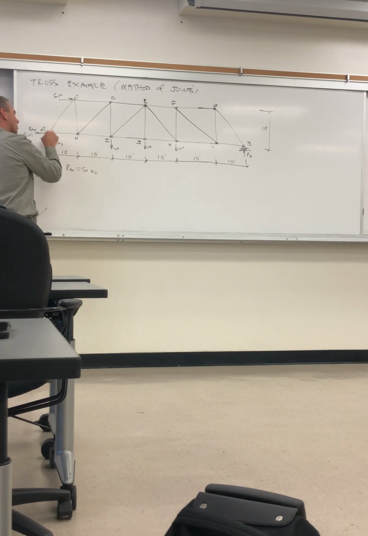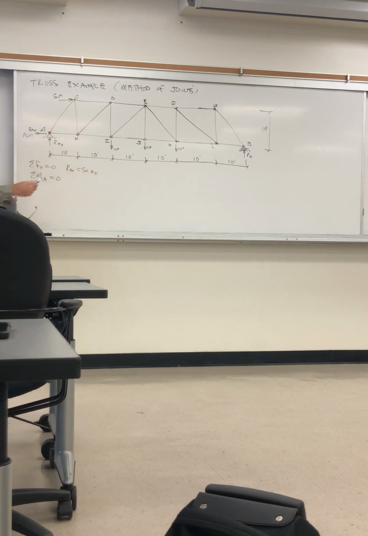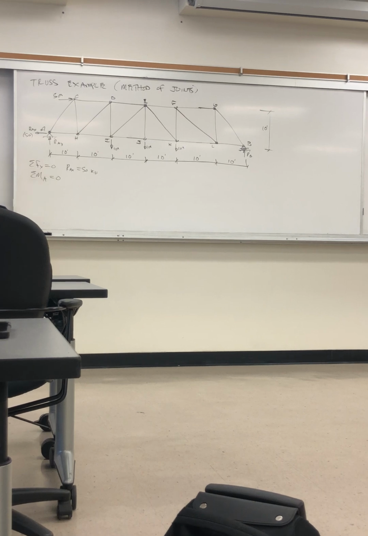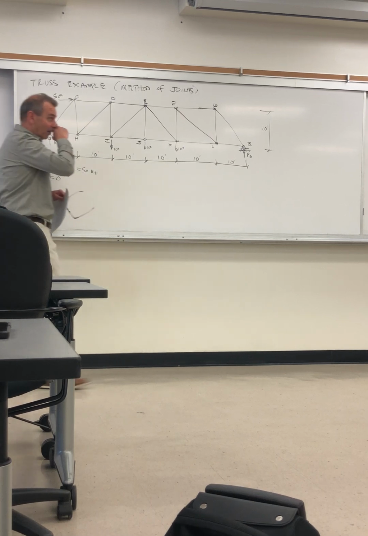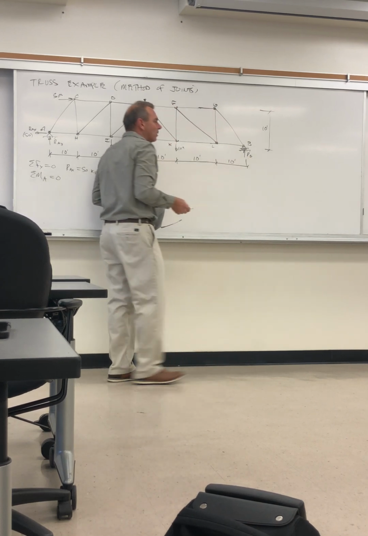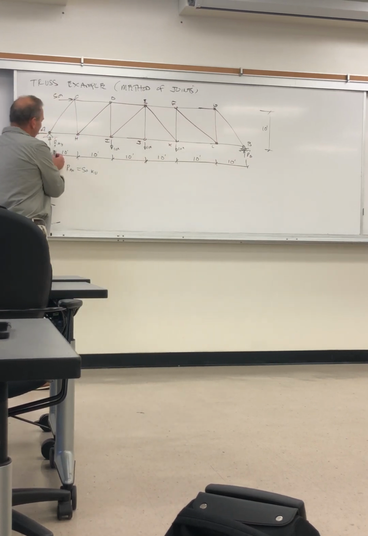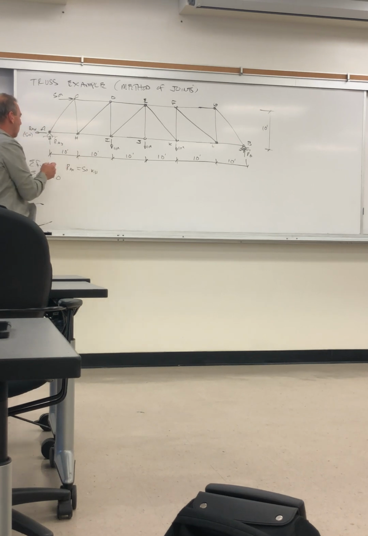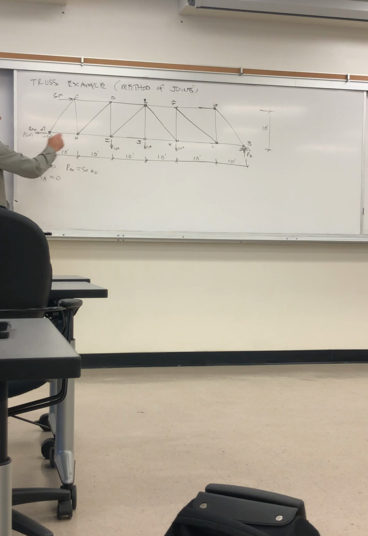So the reason I'm taking moments about this point is so I don't have to include that, because it doesn't have a moment contribution. The other option would be taking moments about here, and then I wouldn't have to include R sub B in that equation, and the only unknown would be R sub AY. I don't include R sub AX if I'm summing moments about here or there because it's going right through those 2 points, so there's no moment contribution.